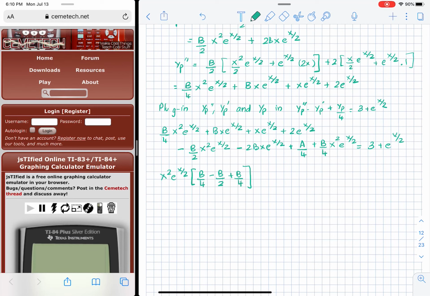The x e raised x over 2 terms, I have b minus 2b plus 1, and e raised x over 2 terms, I have 2, I believe that is it.